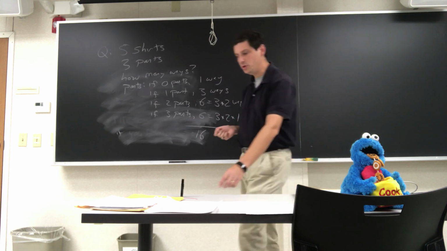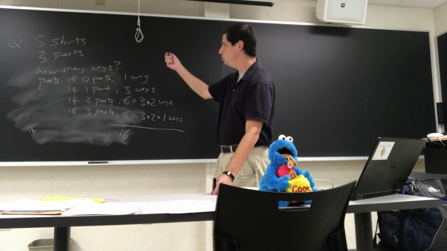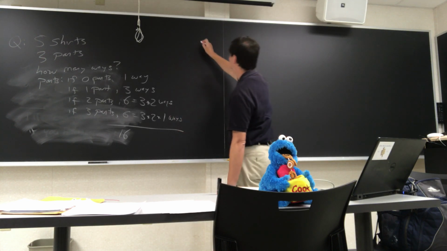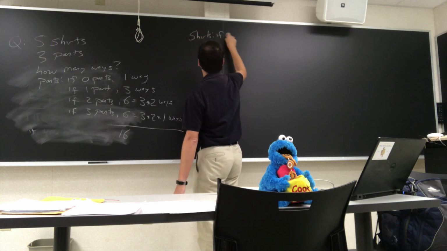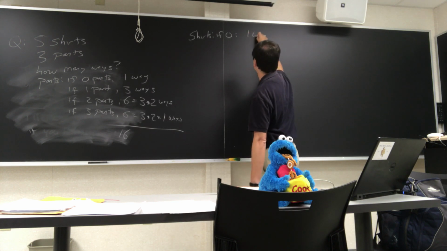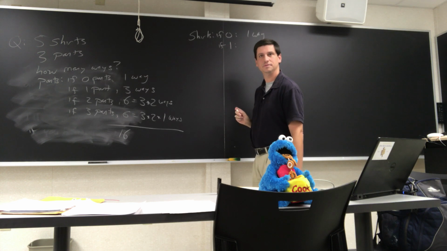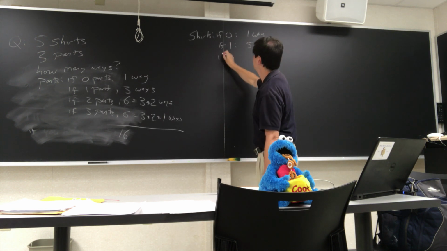All right, so let's get more data, right? It would be great if we had a number larger than 3. Oh, good, we do have a number larger than 3. We have 5. All right, so now let's do shirts. If 0, how many? 1 way. If 1, 5 ways.